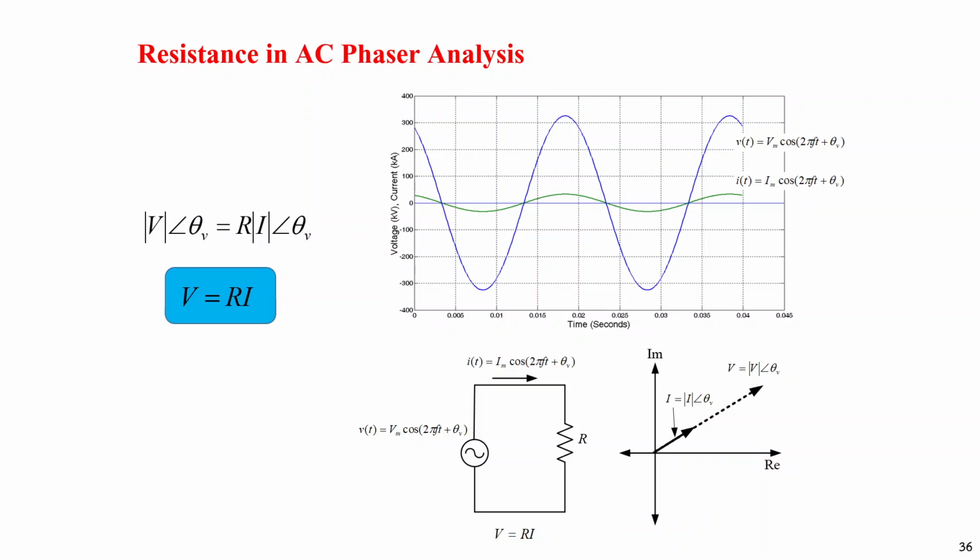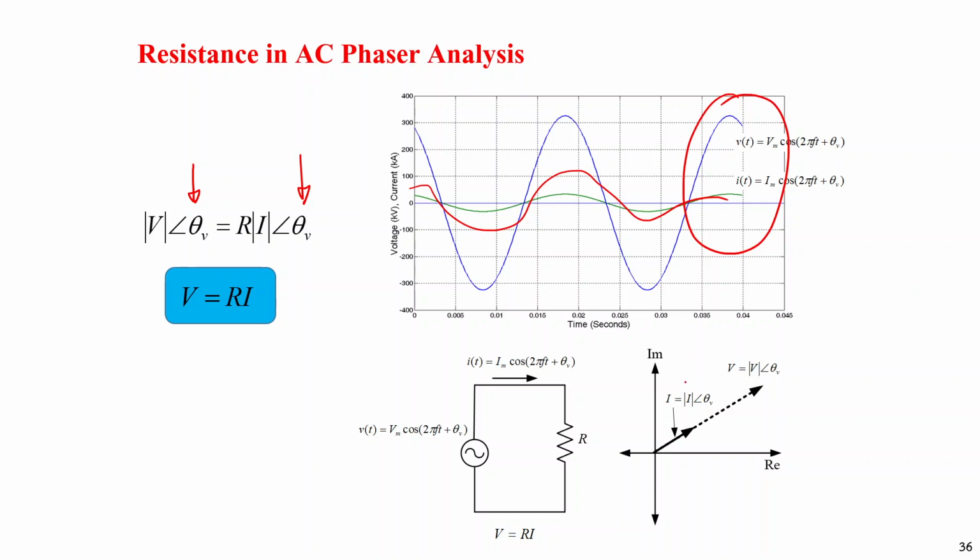Okay, and we have another load. This is resistance in phasor form, right? Which I explained: if the voltage has angle theta, the current will be at the same angle, right? So this is the voltage and this is the current. No phase shift between voltage and current.